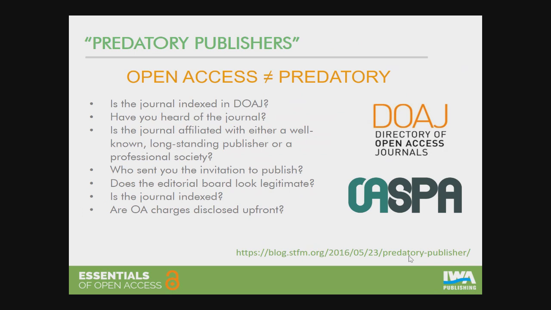I would look at the editorial boards of the journal, and if you recognize anyone, or even if you don't, get in touch with them and ask if they actually know the journal and if they're really on the board. And if they are, that's a pretty good sign that it's a legitimate journal. Also, a big thing, open access charges should be easy to find. You shouldn't have to dig too deeply on a publisher's website to find those open access charges.